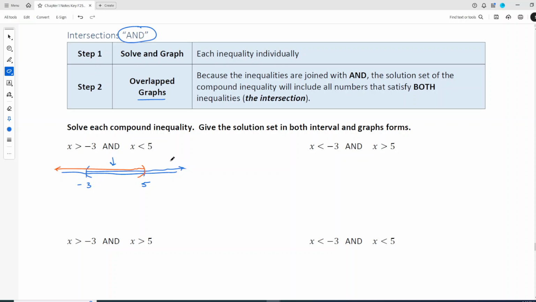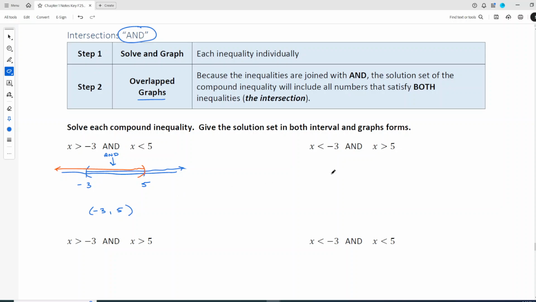Whereas up here, a value like 6 is greater than -3, but it's not less than 5. So the only things that satisfy both are where the graphs overlap. Then you take this part of the graph and say, from -3 to 5, you will have numbers that satisfy both inequalities.